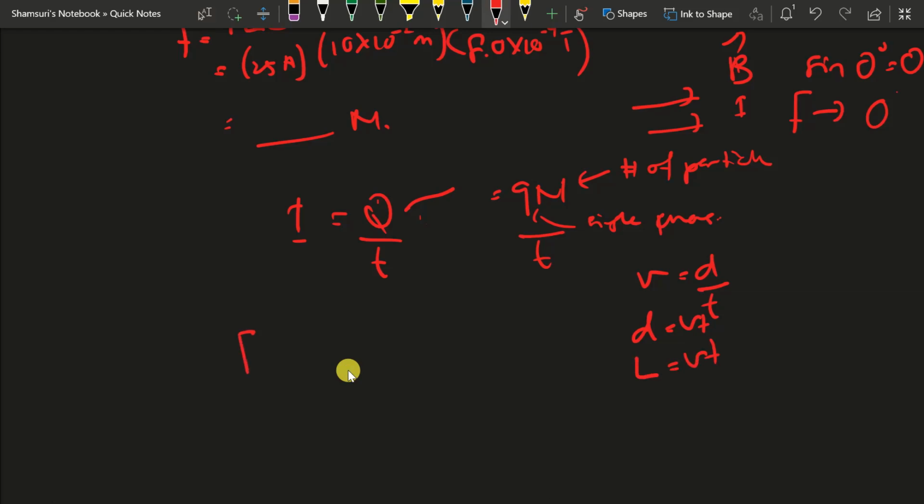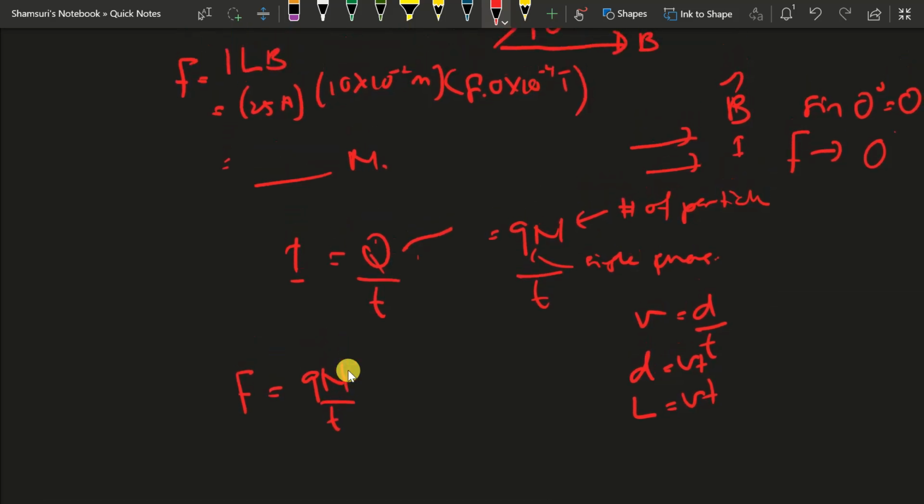So if F is equal to Qn over T, and then we have the equation F equal to ILB, we assume that theta is 90 degree, so sine theta becomes 1. So F is Qn over T. L is now Vt, so L becomes V times T.